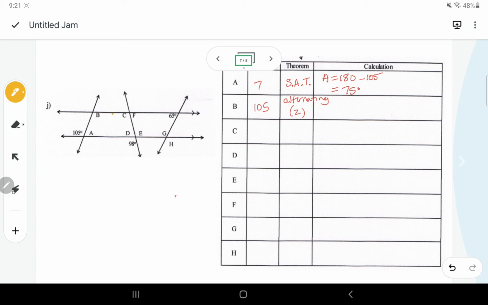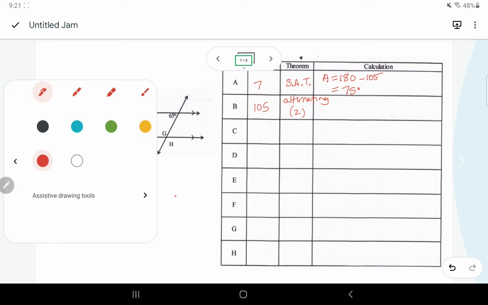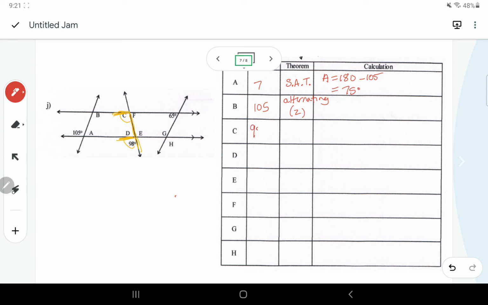Highlighting the next one, C. I see that we have an F pattern there for C, that it would be the same as the 98. So that's the corresponding.